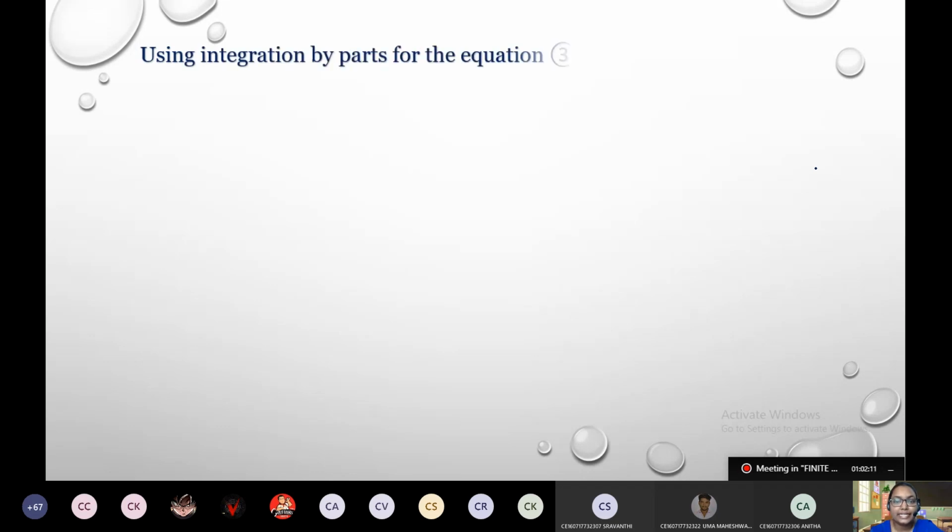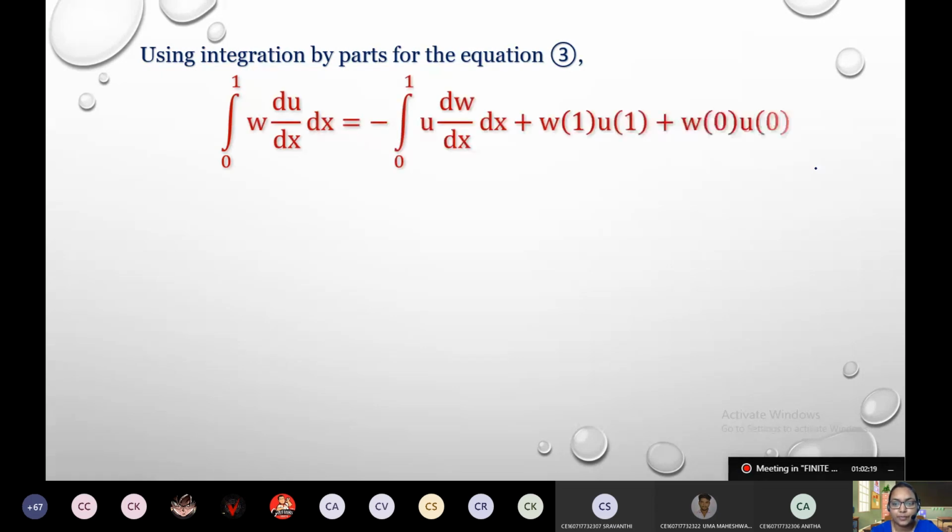Now using integration by parts, you know what integration by parts is, so I'm not going into it. The equation that we had in the previous one, I'm solving it using integration by parts, and this would be the solution. You may please note it down.